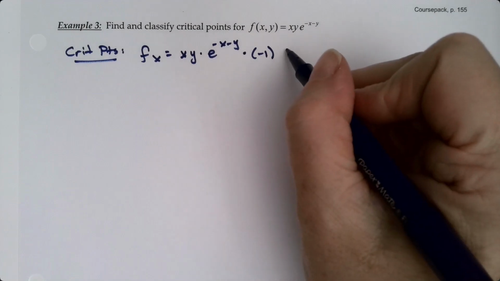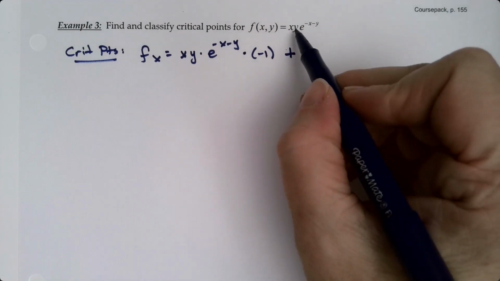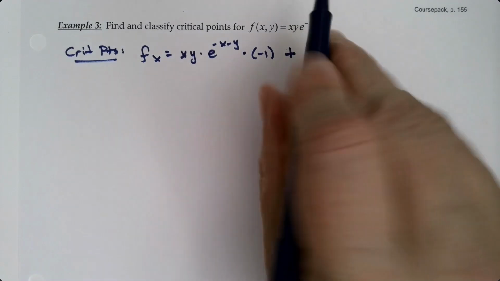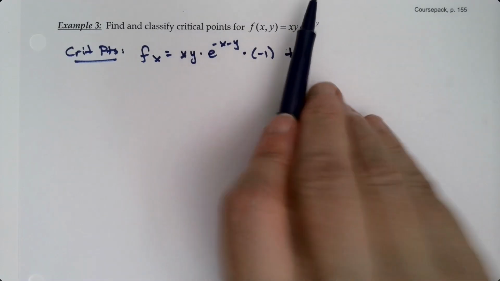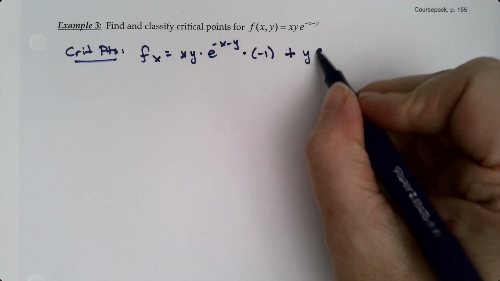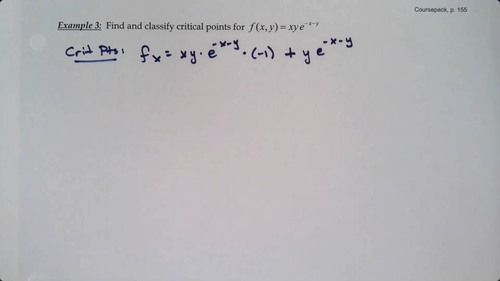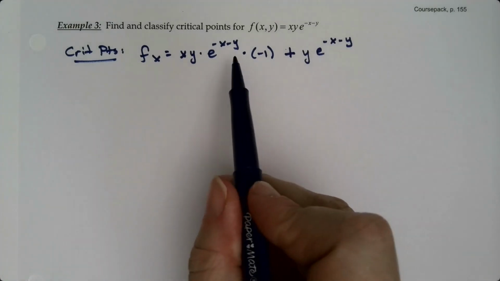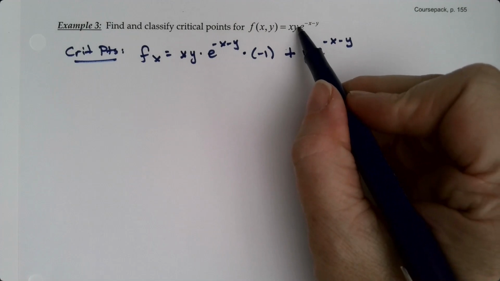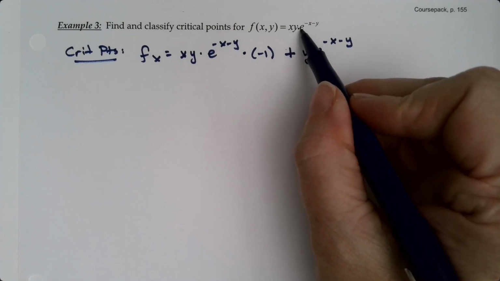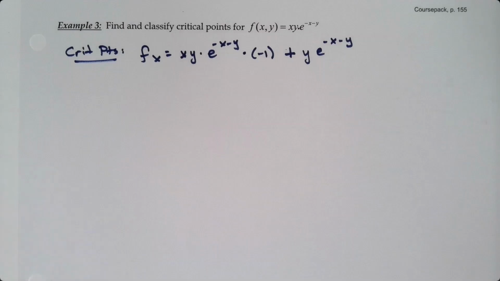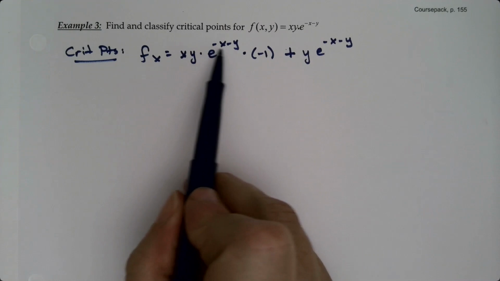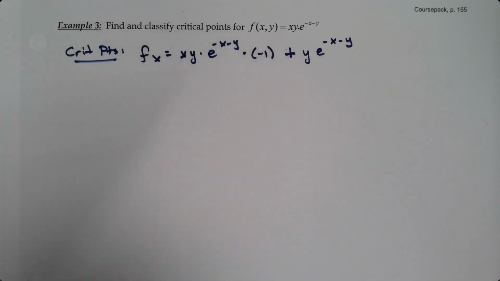And then we're going to add to it. And this time, we're just going to take the derivative of xy, which is y, and then e to the negative x minus y is left alone. Whew. All right, so product rule is what we're doing, right? We have one function xy times another function e to the negative x minus y. So we're using product rule. Take the derivative of the second part, leave the first part alone, and then reverse it.